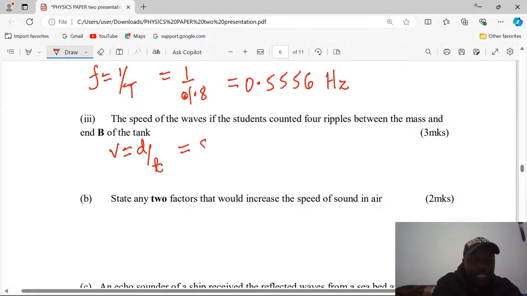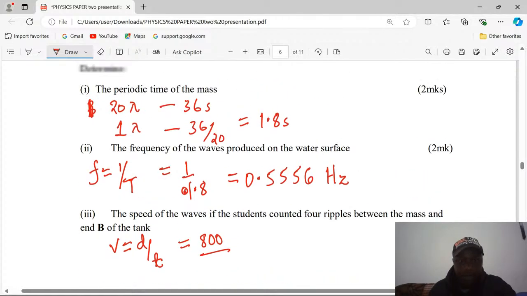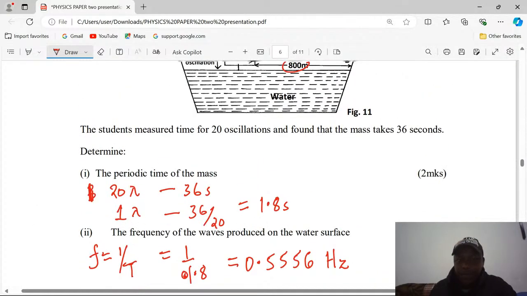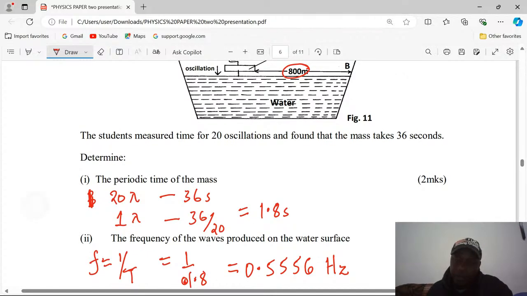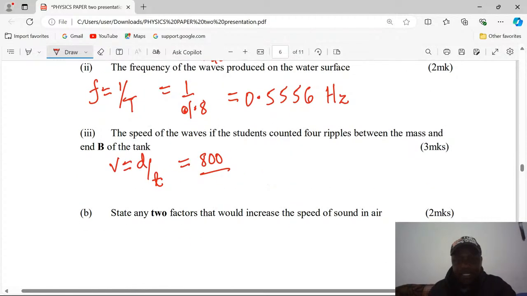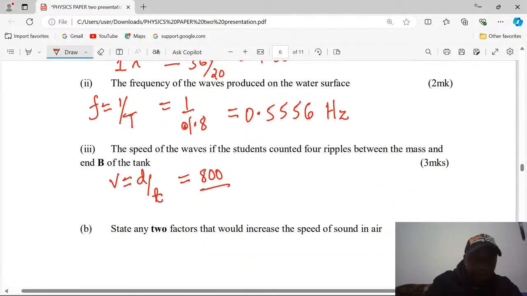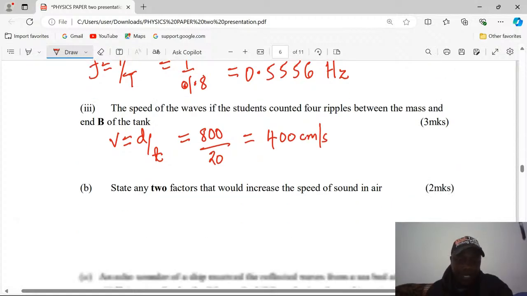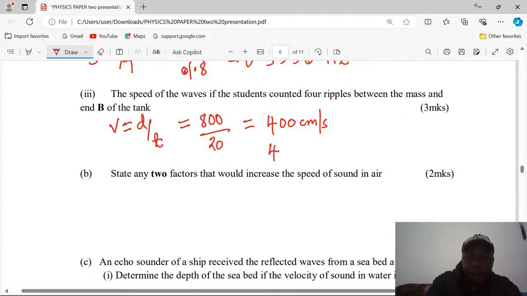Therefore, a distance of 800 is covered within 20, and so this is going to be 400 centimeters per second, or 4 meters per second if we convert the centimeters.